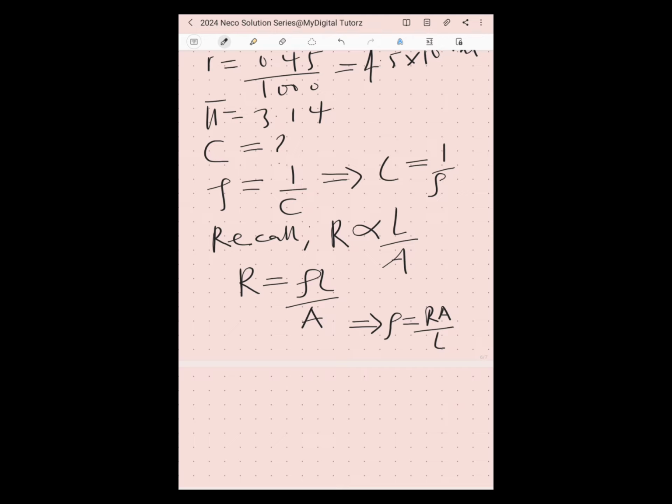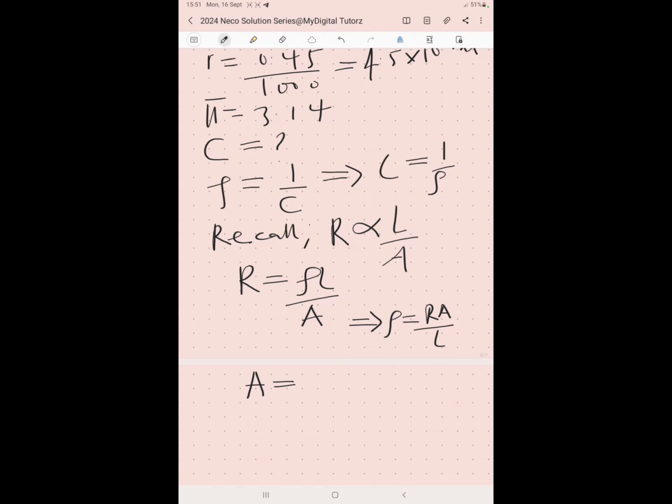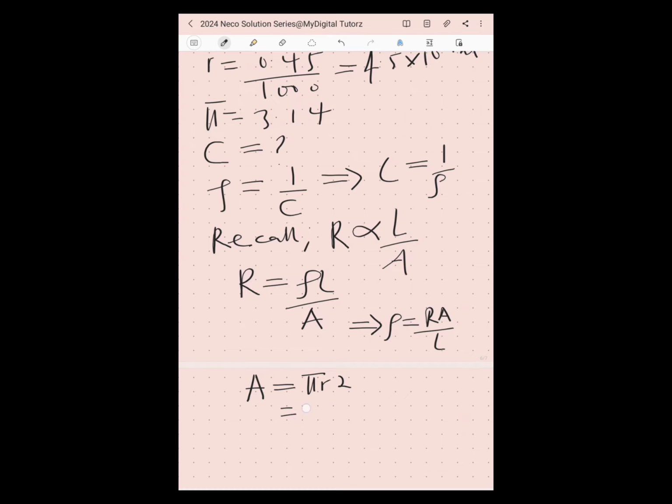So you remember in the question we are not given the area directly, but we are given the what? Radius. So you have to calculate the area. Know that area A is equal to pi r squared. So pi is 3.14 multiplied by the radius, which is 4.5 times 10 raised to power minus 4, all squared.